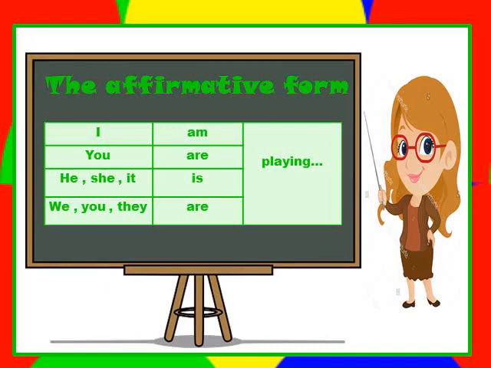You are playing. He, she and it is playing. We, you and they are playing. So this is the affirmative form. Of course, we can give other examples. For example, they are studying, or she is swimming, etc.